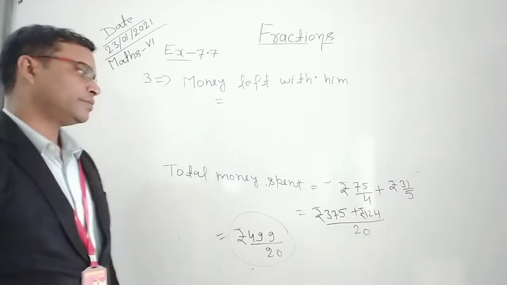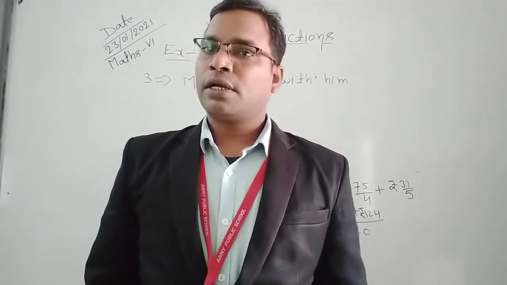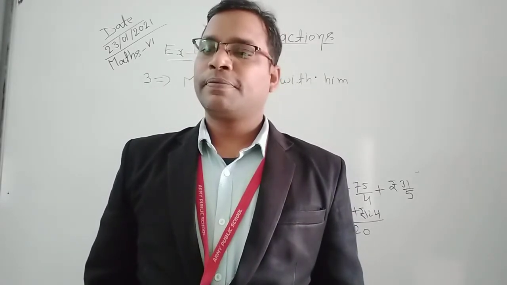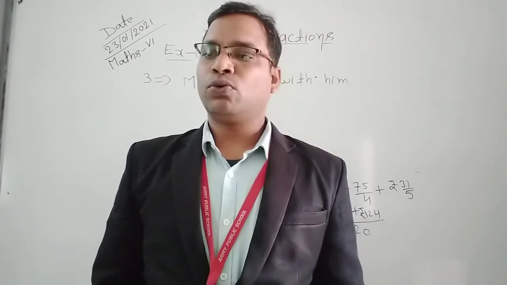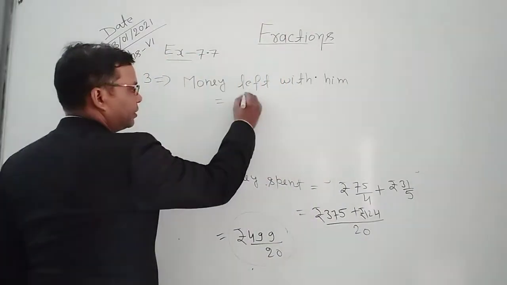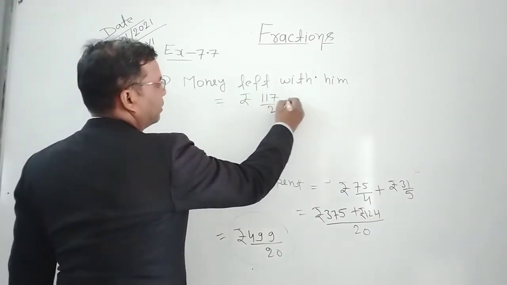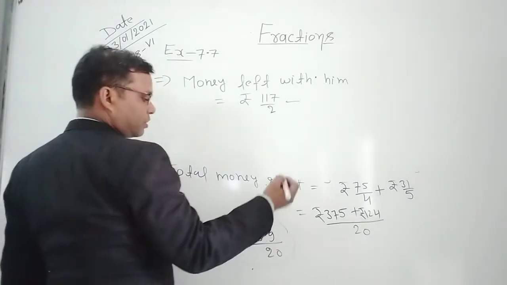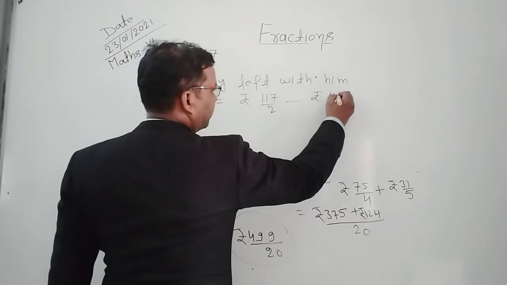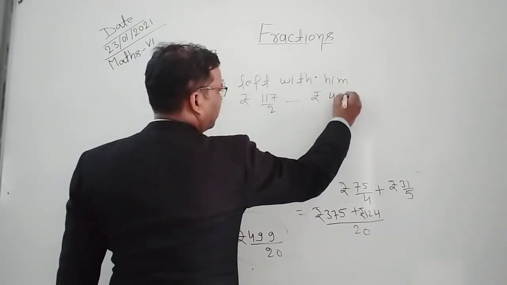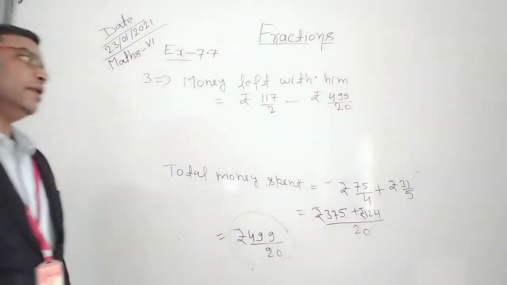Here you can see the money earned by the laborer is 117 by 2, and this money, 499 by 20, is spent by the laborer. Okay.